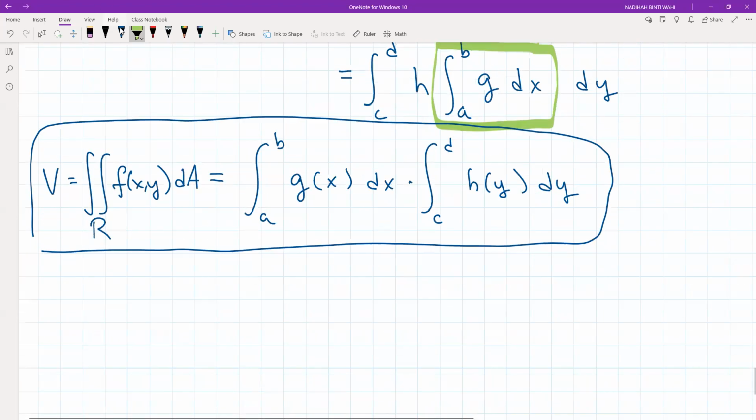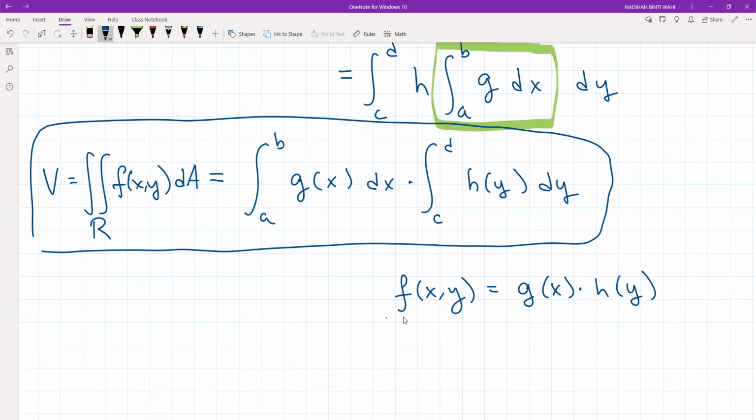So keep in mind that as long as fxy is g of x times h of y, awak boleh separate into that. Kalau tak boleh separate, tak boleh. Okay, contoh. Sebagai contoh, example.